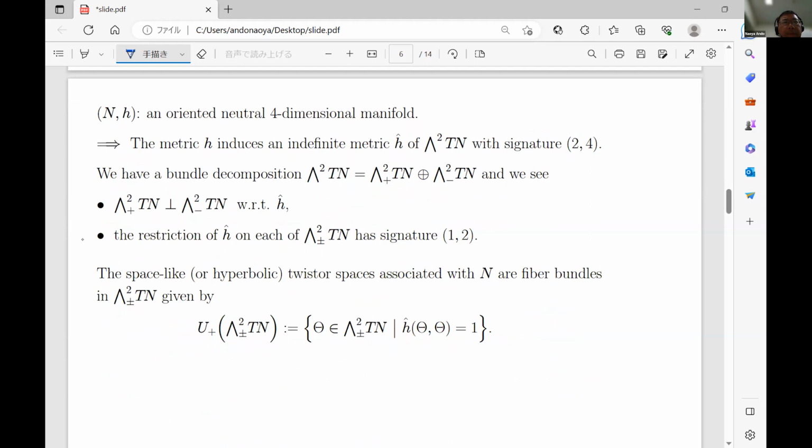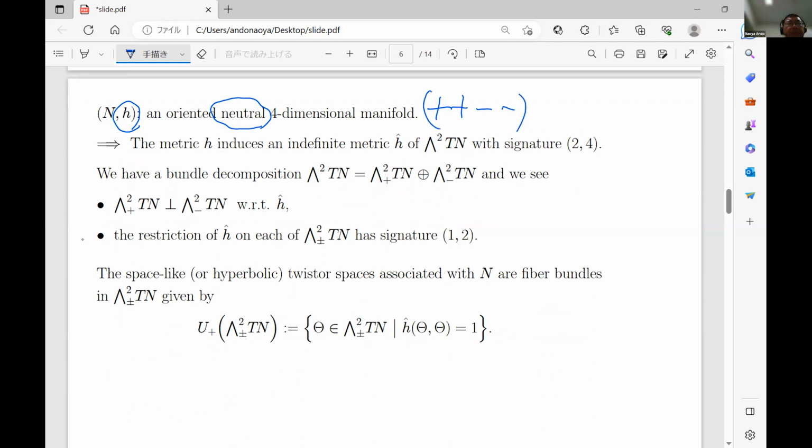In the following, let N be an oriented neutral four-manifold. This means that the metric is indefinite and has signature plus, plus, minus, minus.